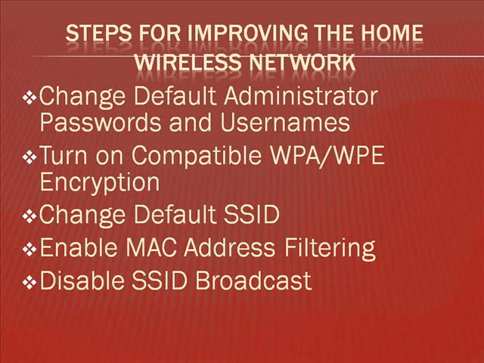Secondly, we need to turn on compatible WPA and WEP encryption. All Wi-Fi equipment supports some form of encryption. Encryption technology scrambles messages sent over wireless networks so that they cannot be easily read by humans.